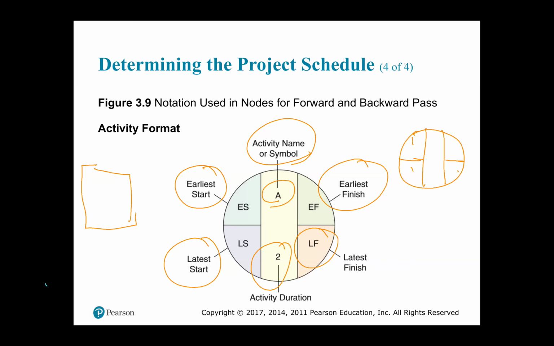So you cannot have the late start and late finish at the top and the early start and early finish at the bottom. No. Whether you use the circle, the square, the rectangle, you must have the earlies, that is the early start and the early finish, in the top section of the diagram, and the lates, that is the late start and the late finish, in the bottom section of the diagram. Okay, so a word to the wise.